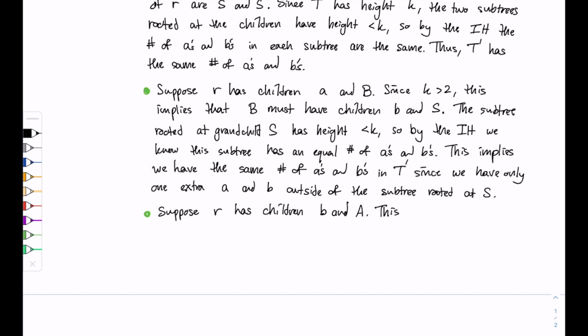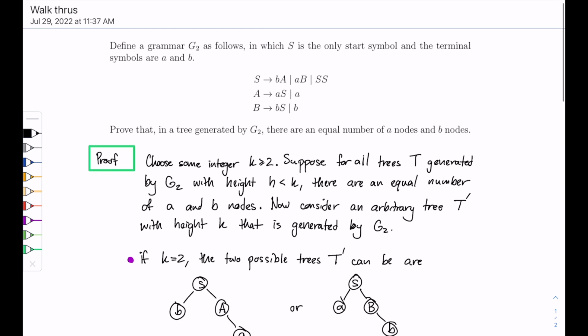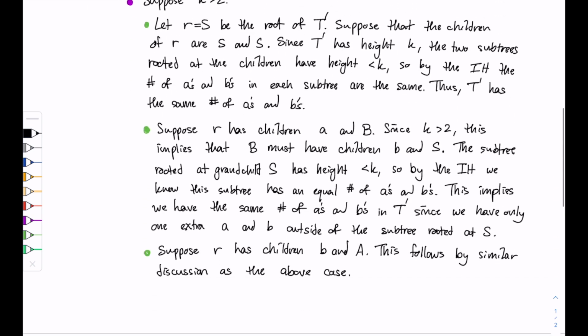This follows by a similar discussion as the above case. Okay, and so that covers all of our cases because S only has these three things that can happen.